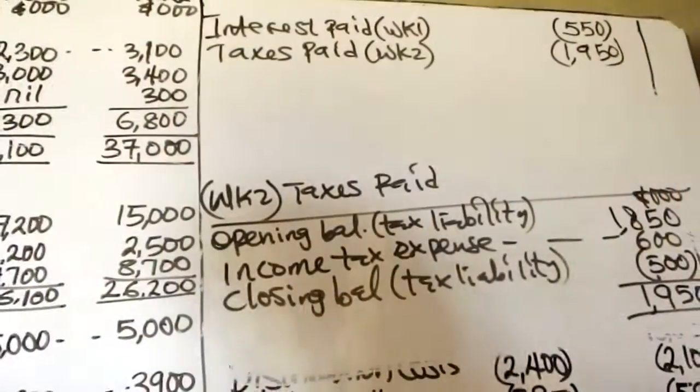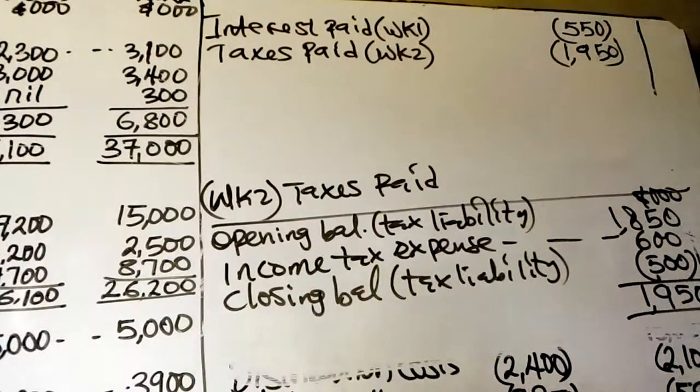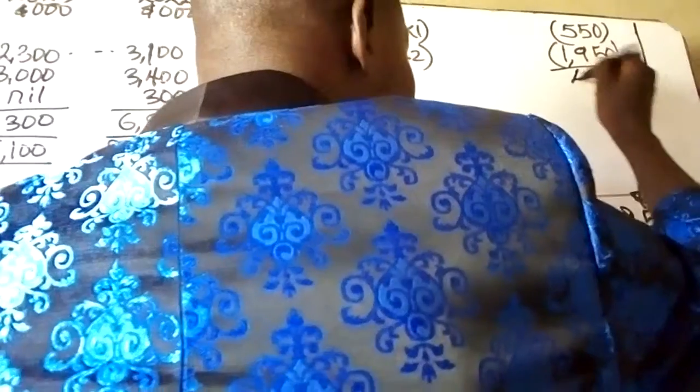So under your operating activities, we got 6,050 before. 6,050 minus 550 minus 1,950. Then you have 4,350.